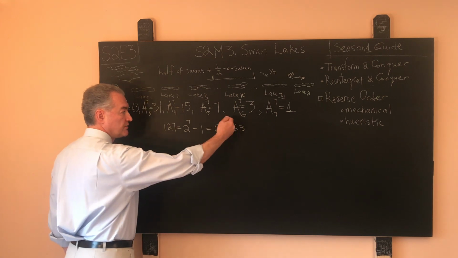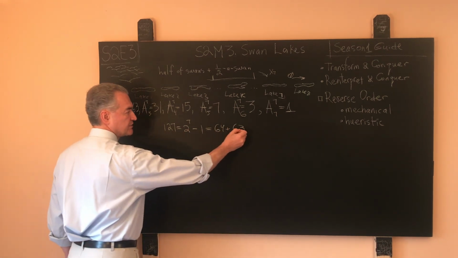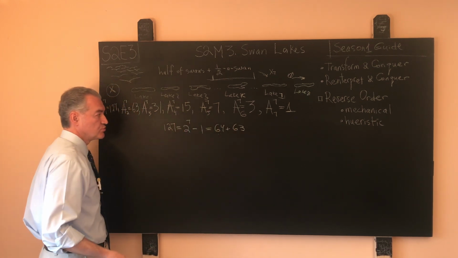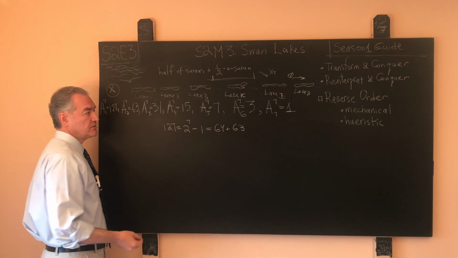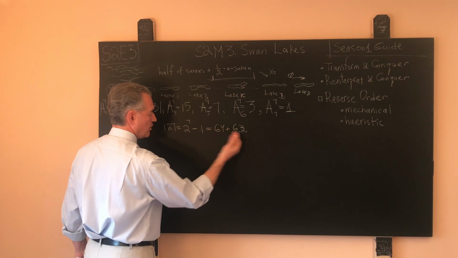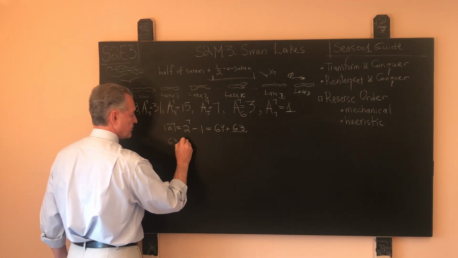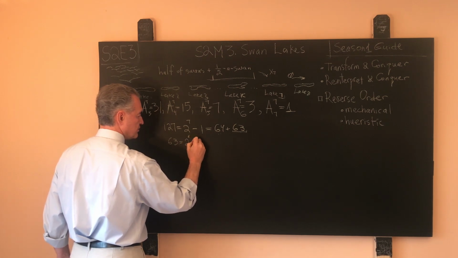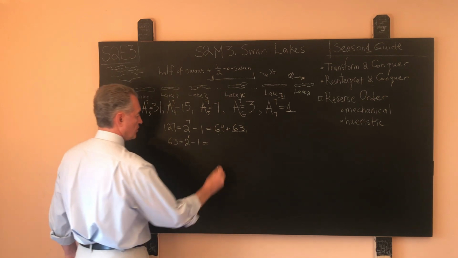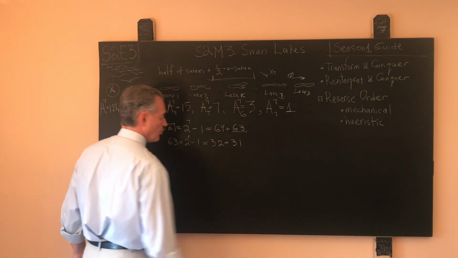So if we add 1 to this string of numbers, then we'll get 64 plus 64. 2 to the 6th plus 2 to the 6th becomes 2 to the 7th power. And we take this number, which is again almost a perfect power of 2, and apply to it the same string of operations. 63 can be represented as 2 to the 6th minus 1. We represent it as what? 32 plus 31.